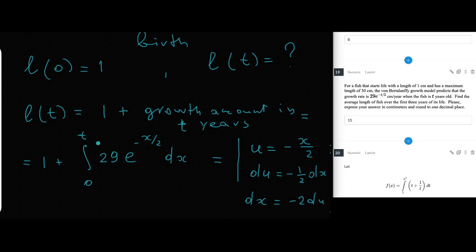I'm going to get 1 plus integral from 0 to negative t/2, and I have 29 e to the power u, and then instead of dx I need to put negative 2 du.